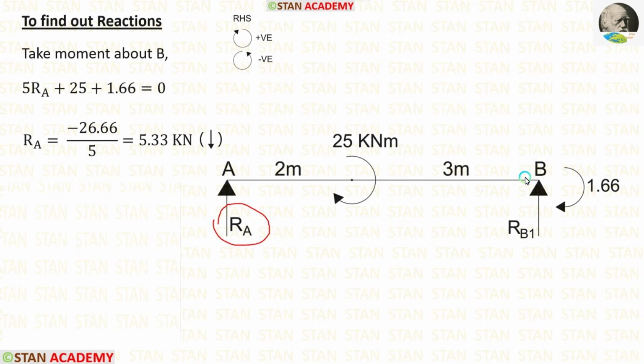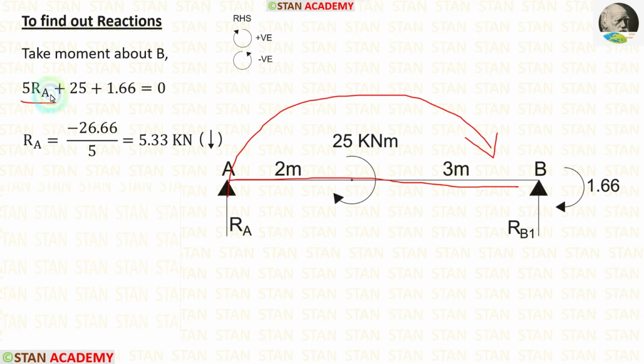For that, I am going to take moment about B. In this case, I am moving towards right hand side. Clockwise will be positive and anti-clockwise will be negative. RA is acting towards the point B in the clockwise direction, so it will be positive, and the distance is 5 meter, so 5 RA.